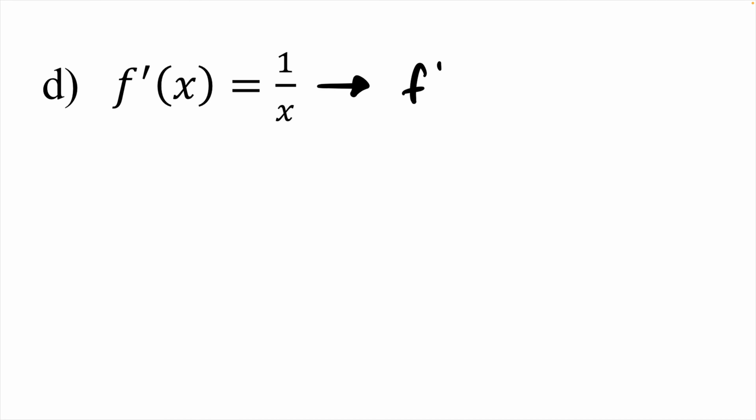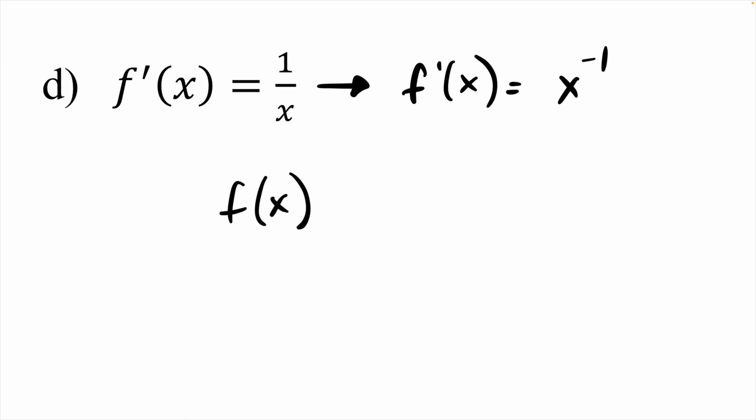Exactly. Another way to rewrite this would be x to the negative 1, right? Good. Now I can use the power rule, right? So if I add a power, what would I have? 0.